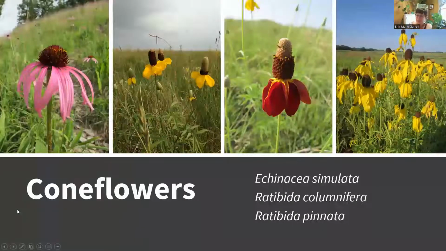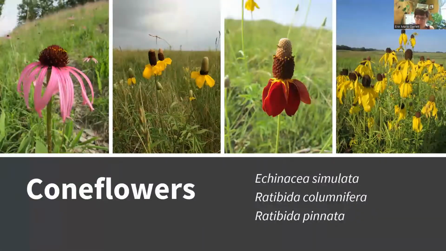Okay, so we talked about the coneflowers already, but let's put some Latin names on them. On the left, first we have Echinacea simulata, the glade coneflower. The two in the middle, we have a yellow form and a red form, but they're actually the same species. So this is Ratibida columnifera.